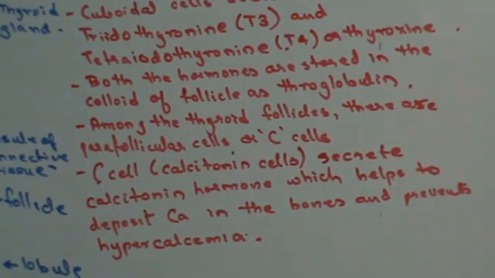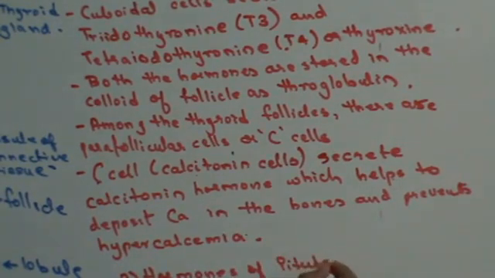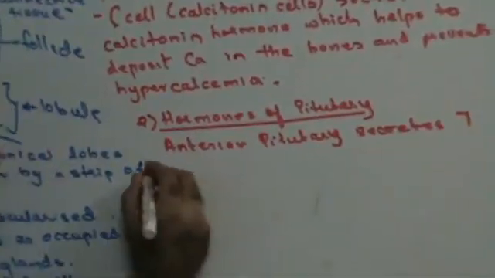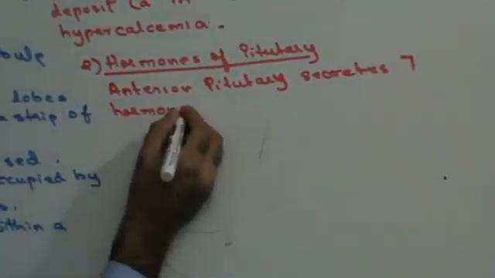Now let's see what are the hormones of the pituitary and the thyroid gland. Hormones of pituitary. Now the anterior pituitary secretes 7 hormones. Right?